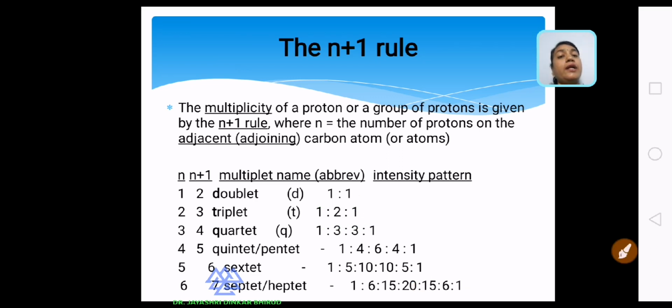In this way, if the number of hydrogens on the adjacent carbon atom is 3, it gives a quartet. With 4 hydrogens on the adjacent carbon atom, it gives a quintet. 5 hydrogens give a sextet, and 6 hydrogens give a septet.